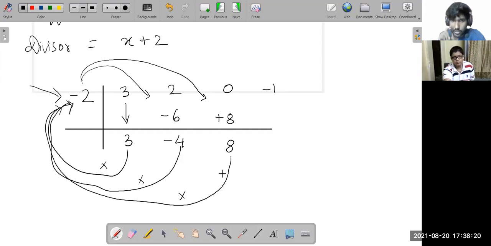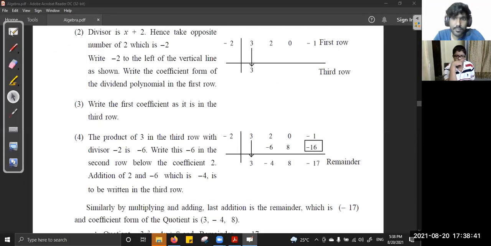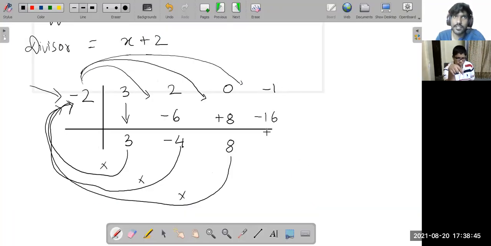Again you multiply 8 with this number here, -2. 8 into -2 is -16. So -16 you write it here. And how much is -1 -16?